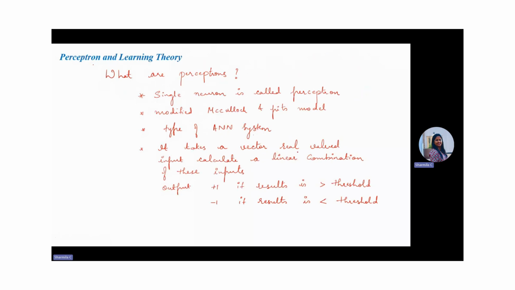It takes a vector of real-valued inputs, calculates the linear combination of these inputs, and outputs the result: +1 or -1 if it is a signum function, or +1 and 0 if it is a step function, based on the threshold value. If it is greater than the threshold, it returns +1. If it is less than the threshold, it returns -1.